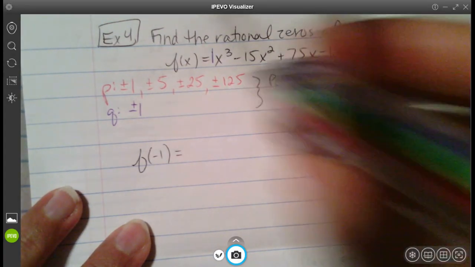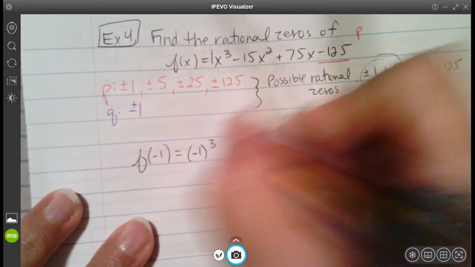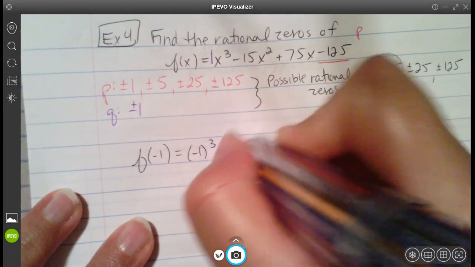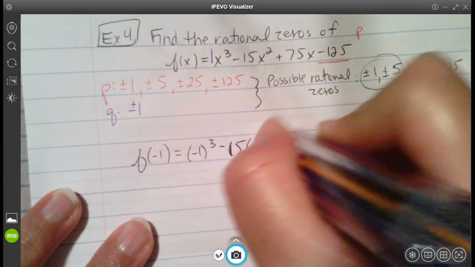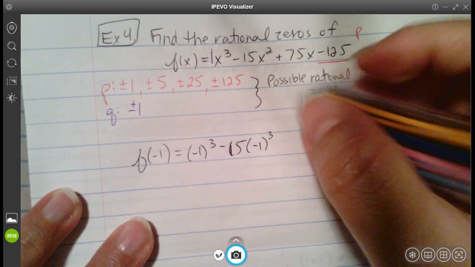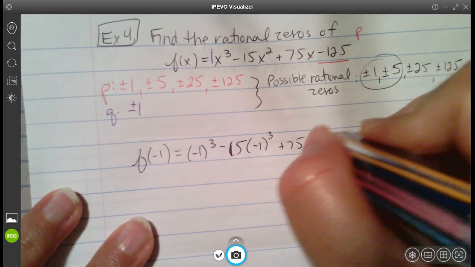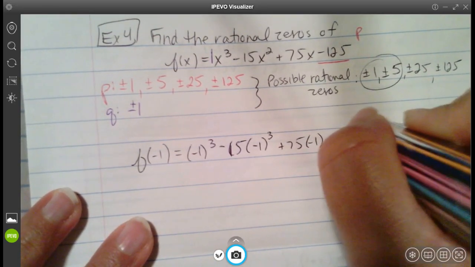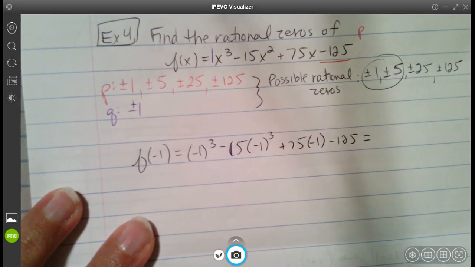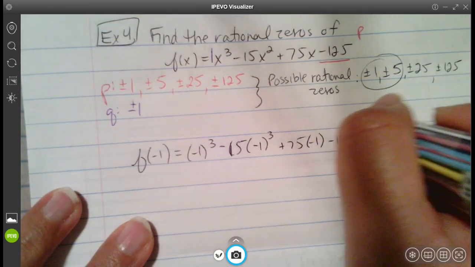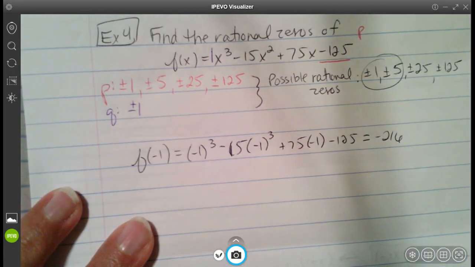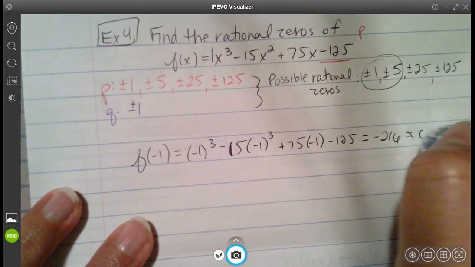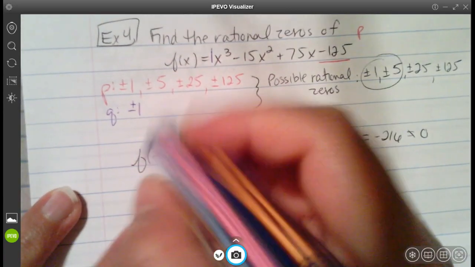Okay, so f of -1 is going to give us -1 cubed minus 15 times -1 squared plus 75 times -1 minus 125, okay? And if we calculate that, we should end up with negative 216. So that is not a zero. Okay, so this is a no.